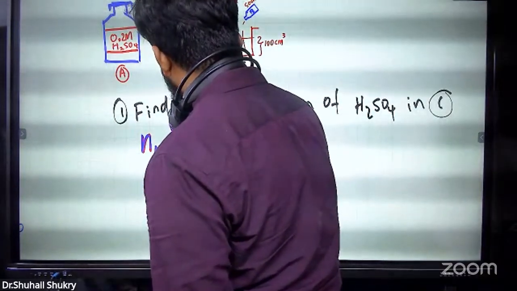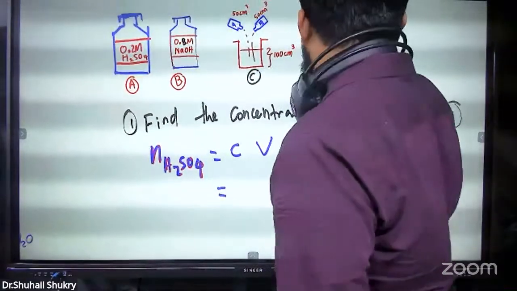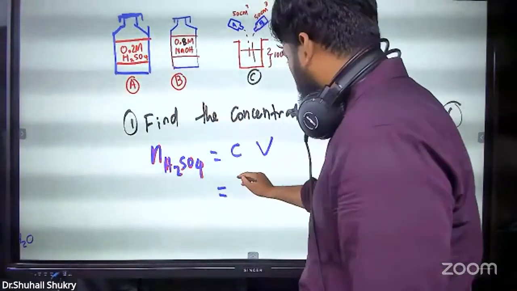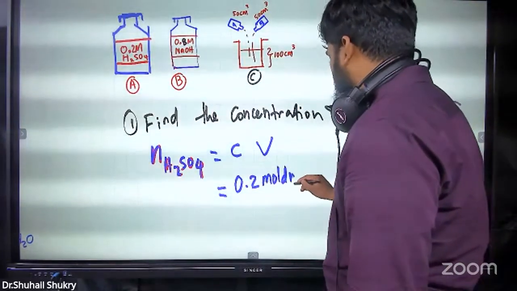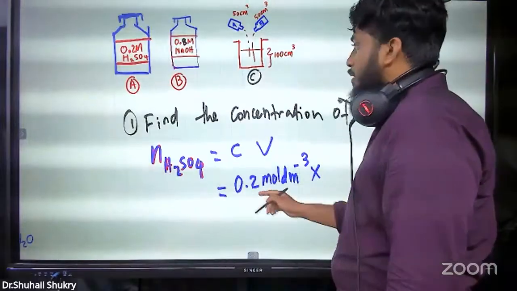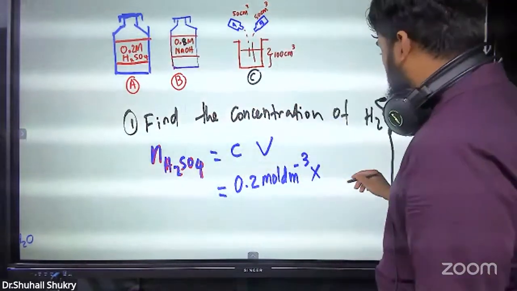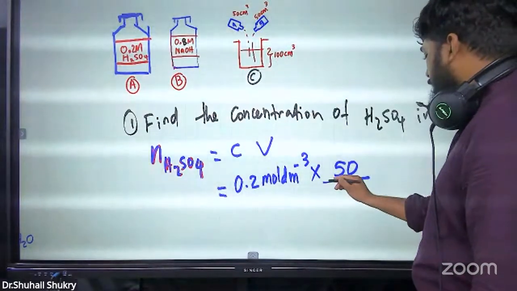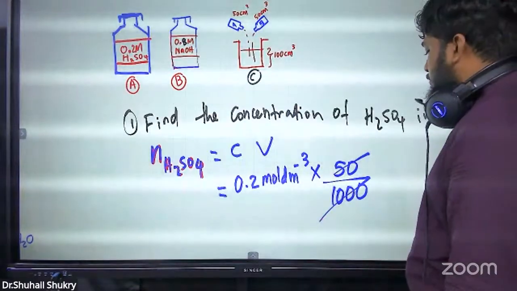That is n is equal to CV. The concentration of H2SO4 here is 0.2 mol dm⁻³. The volume of H2SO4 is 50 cm³ that you put in. So this is the number of moles you are inserting for this solution.